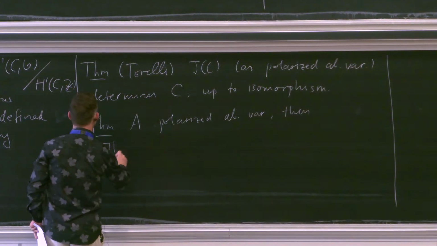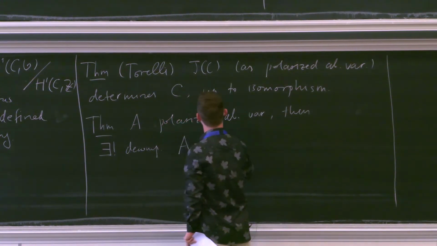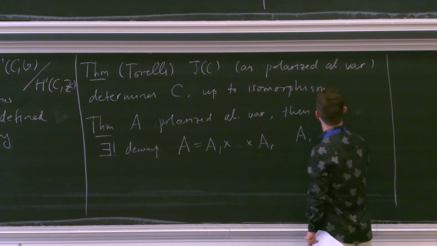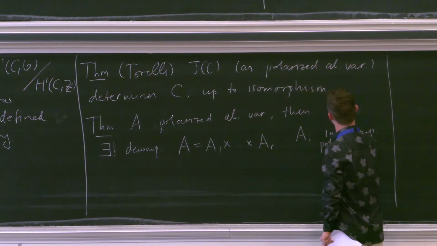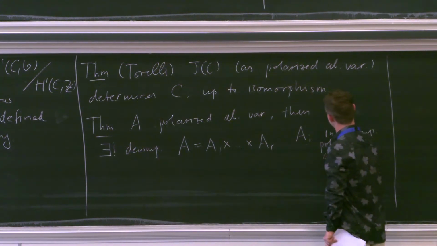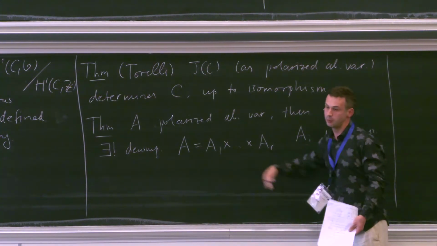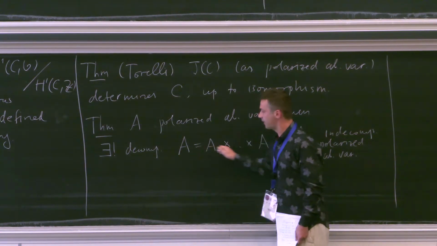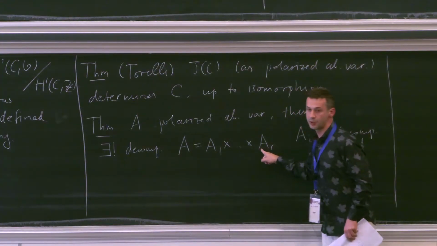There exists a unique decomposition of A into indecomposable polarized abelian varieties. Indecomposable just means that you cannot decompose them further, and uniqueness means that if someone else gave you another one, at least the factors are isomorphic as polarized abelian varieties. So these indecomposable factors are uniquely determined.